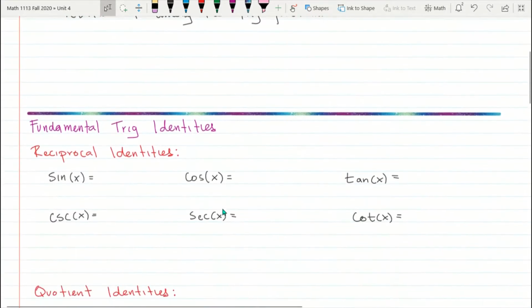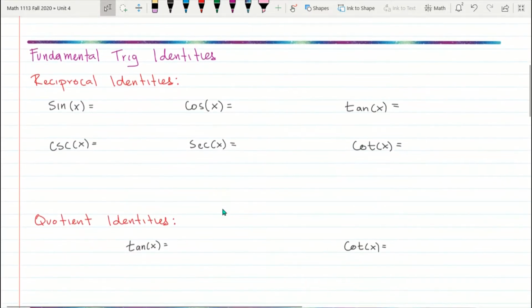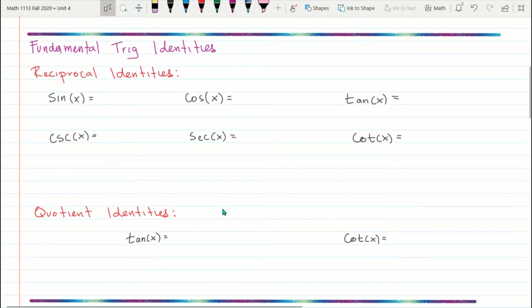Here are some of the fundamental trig identities that we mentioned before this. So, if we remember, sine can be defined in terms of a reciprocal, which is 1 over cosecant.